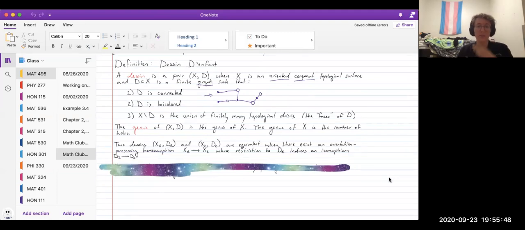Next, there is a notion of dessins being equivalent to each other. Again, there are a lot of words here.